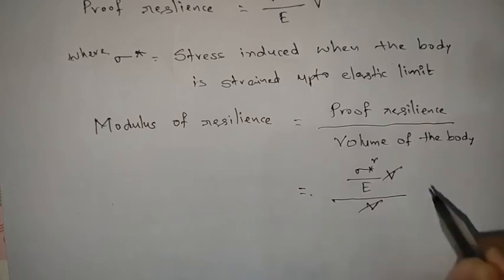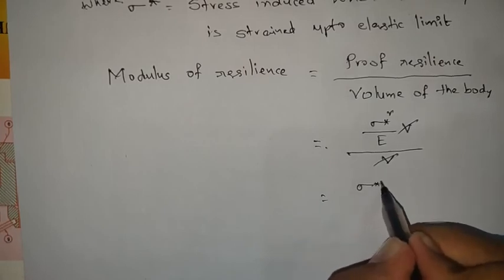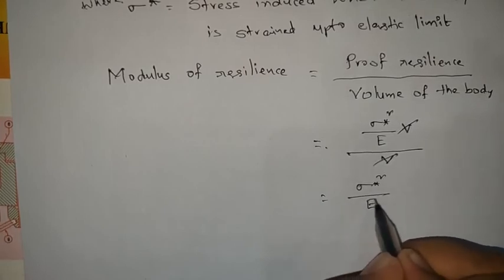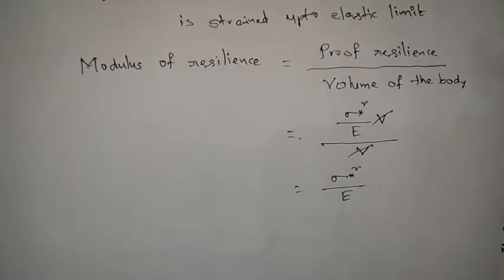So V will be cancelled, and that equals sigma star square by E, where sigma star is the stress induced in the body when it is strained up to its elastic limit. So like that we derive the expression for the strain energy stored in a body when the load is applied suddenly.